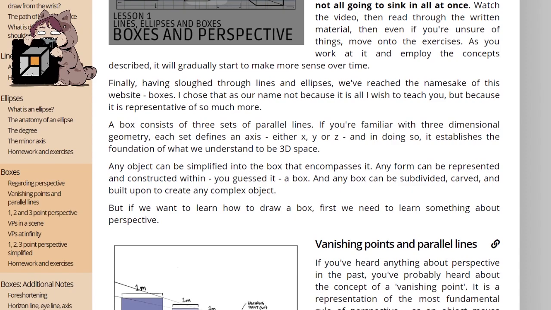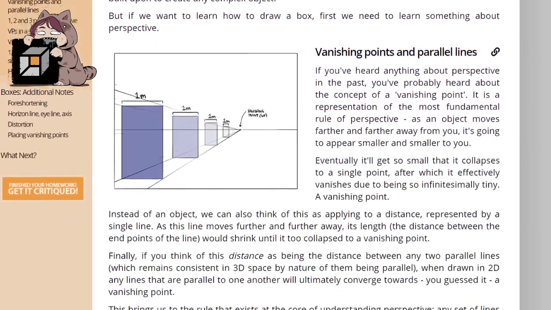Any object can be simplified into the box that encompasses it. Any form can be represented and constructed within, you guessed it, a box. And any box can be subdivided, carved, and built upon to create any complex object. But if we want to learn how to draw a box, first we need to learn something about perspective.